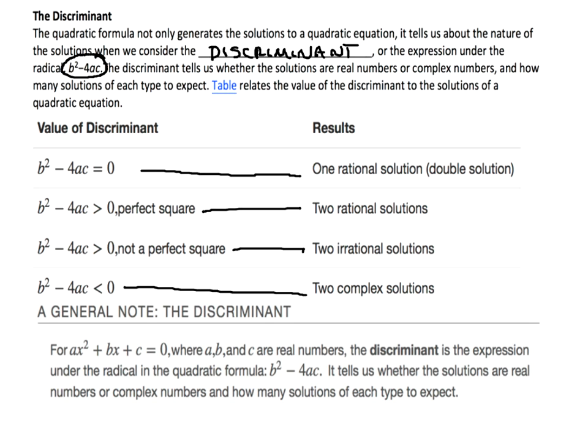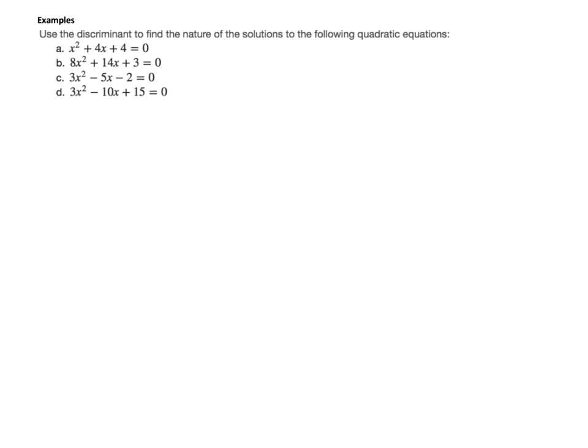Okay, so let's take a look at this last problem. It's just finding the discriminant for each of these. So for A, we have x squared plus 4x plus 4, and there is an understood a of 1. All I have to do is the b squared minus 4ac part, the part that's underneath the radical, to know what to expect.